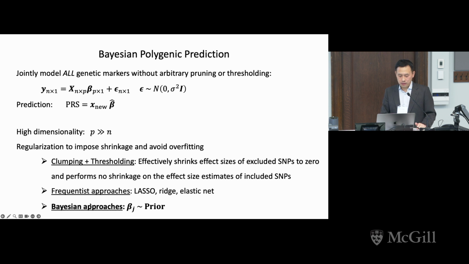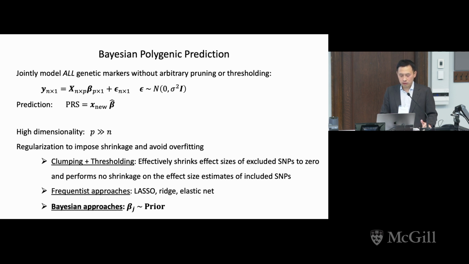But I'm going to skip this because most of the frequentist approaches require individual-level access to the training data set, which you typically don't have. You have the summary stats, but you won't have individual-level access. So we're going to focus on the Bayesian approach for the rest of the lecture, and how the Bayesian approach works.